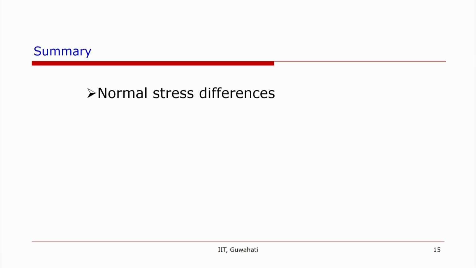Viscoelastic fluids, of course, show viscous as well as elastic behavior. Another important characteristic of a viscoelastic fluid is relaxation time, and this relaxation time in non-dimensional form is defined in terms of the Deborah number and the Weissenberg number.